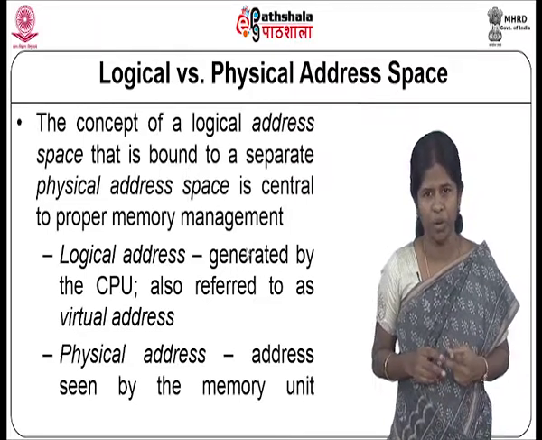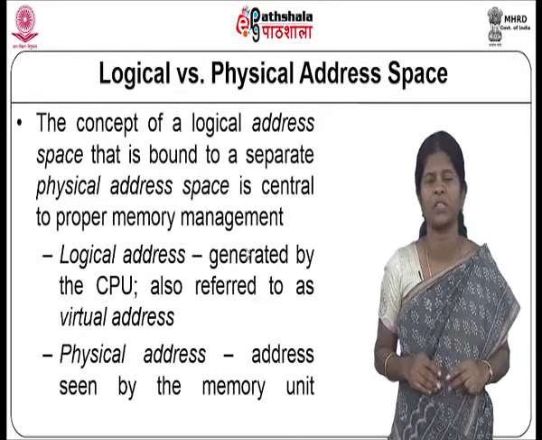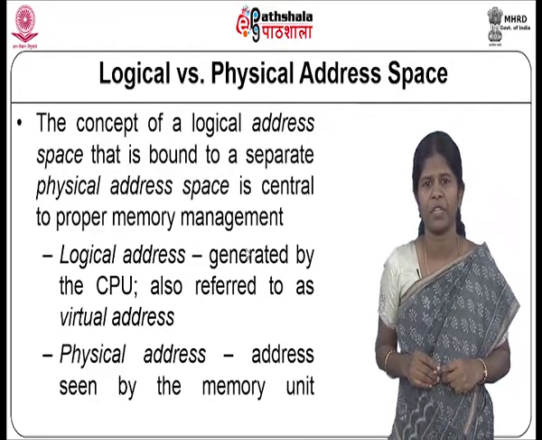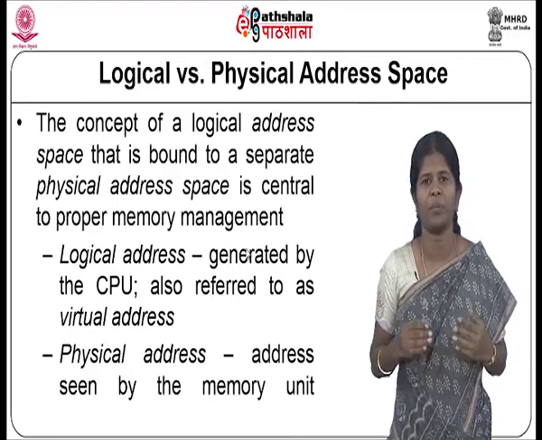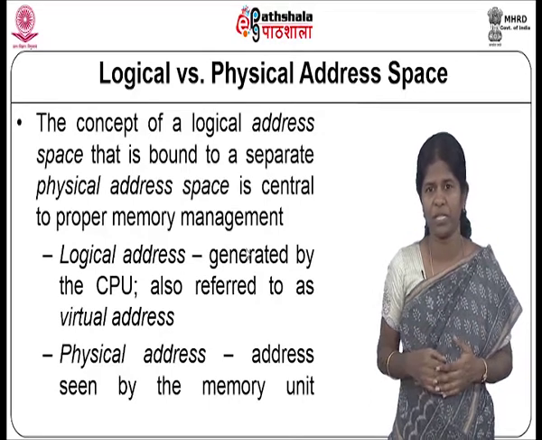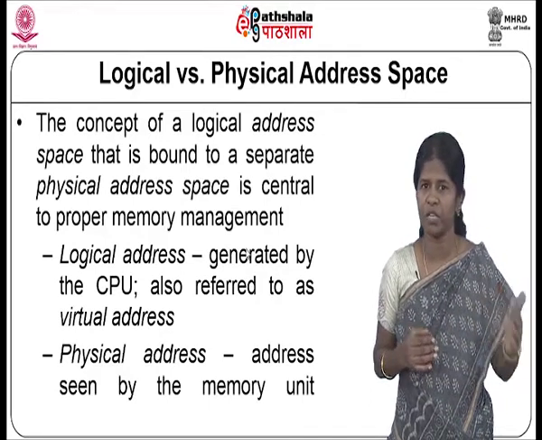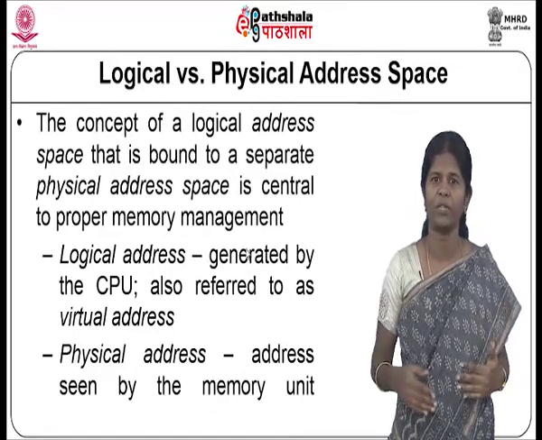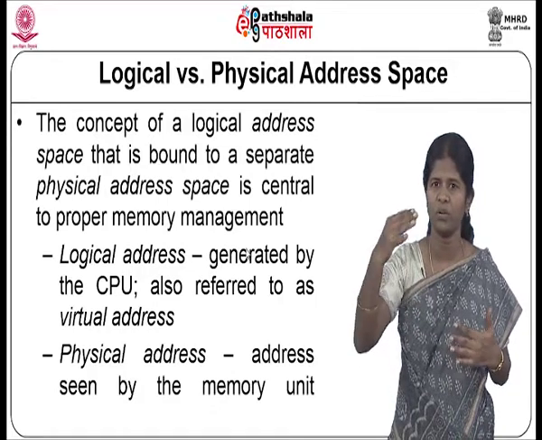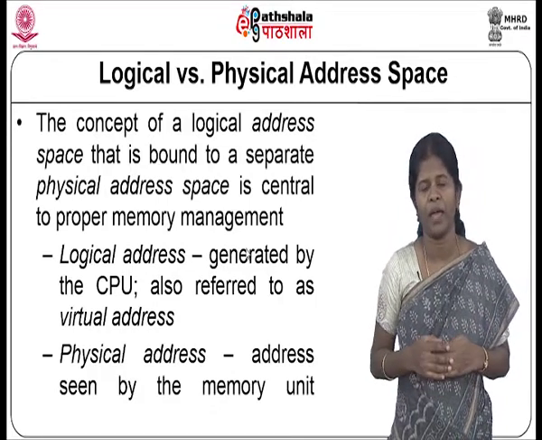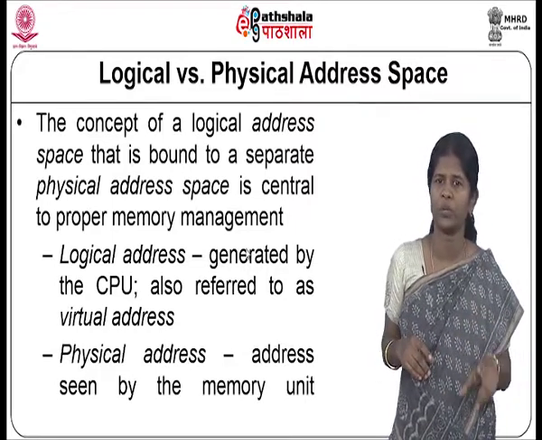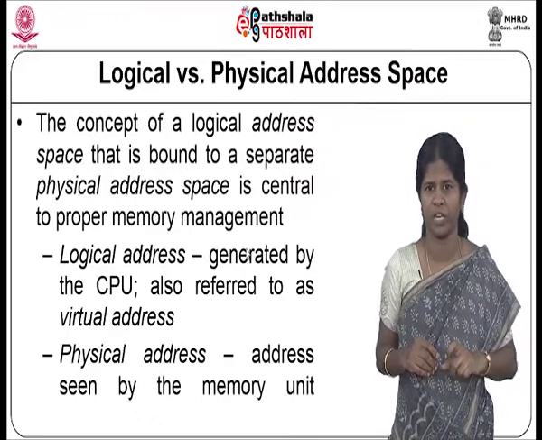So, now we need to know about 2 different terms. One is called the logical address and the other is the physical address. I told you that whenever a program is compiled and you generate relocatable addresses, they go from 0 to some maximum value for that particular process. So, similarly each and every process will have their own 0 to max values, and now these programs will be put onto the main memory on specific memory locations.